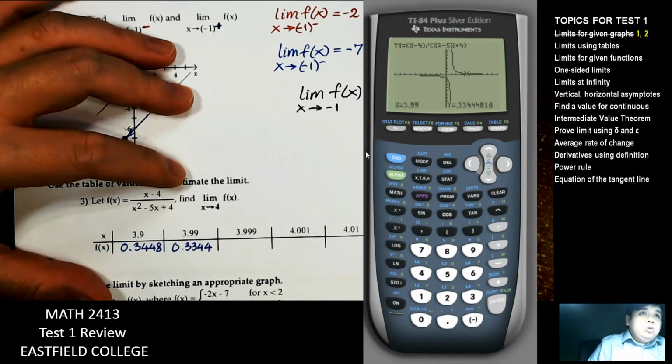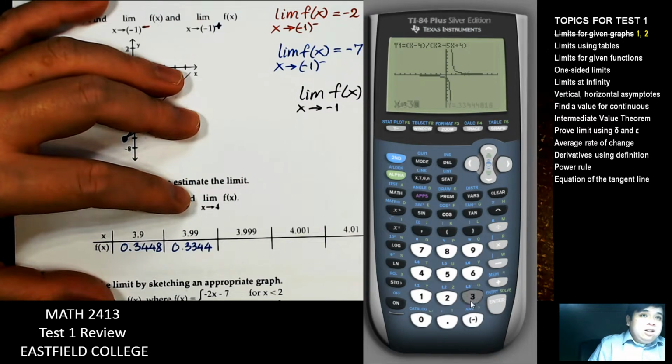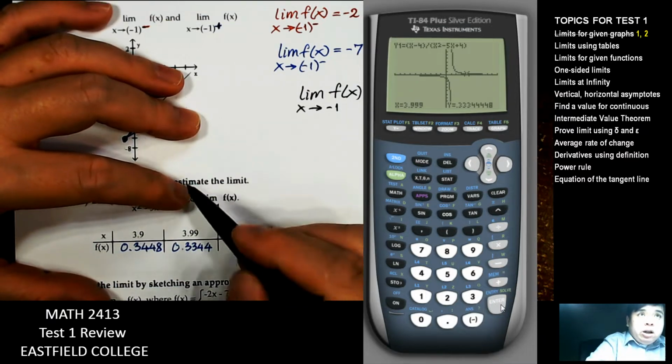And we do not need to hit the second trace every time. Once we have at this stage, we just hit the end, just enter the values for x, and we have the values for y.